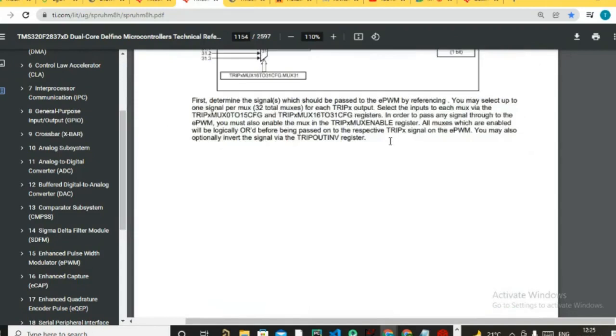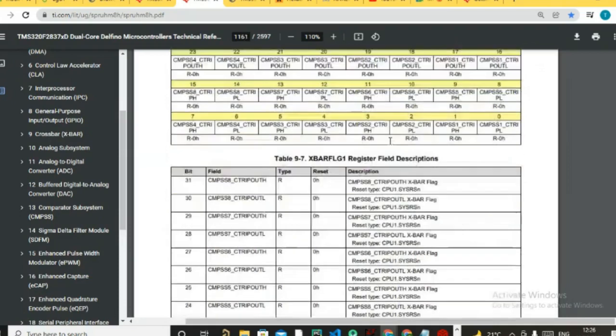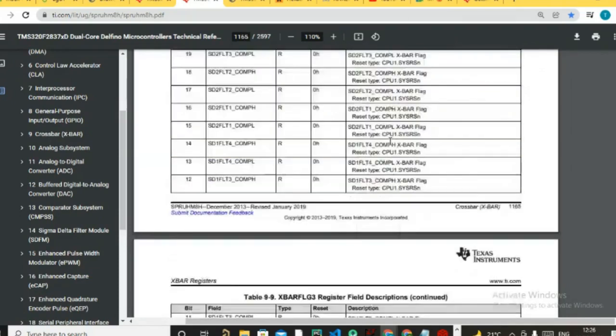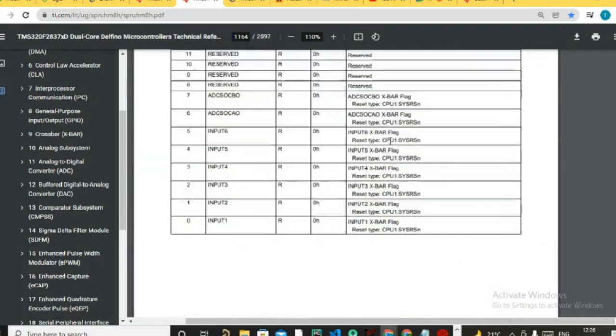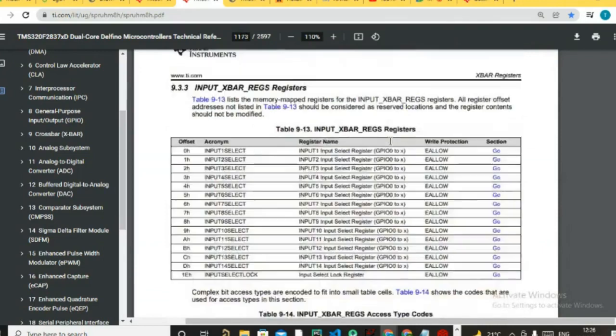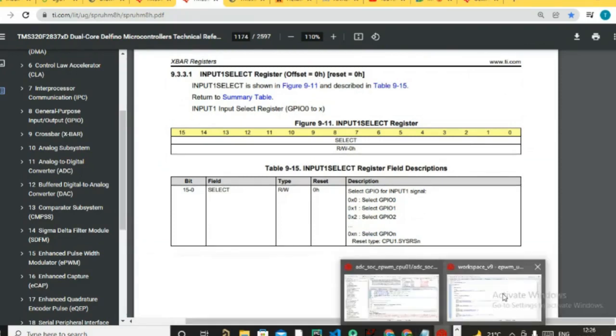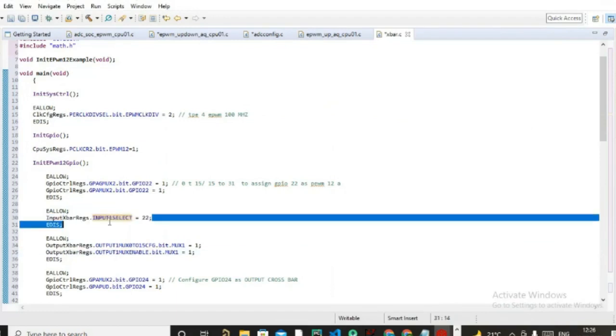Now you can see from here, for input selection, if you put 0 into this register, input 1 select, you will select GPIO 0. If you are putting 22, you are selecting GPIO number 22. So this was about the input 1 selection register. So we are selecting GPIO 22 as an input crossbar.